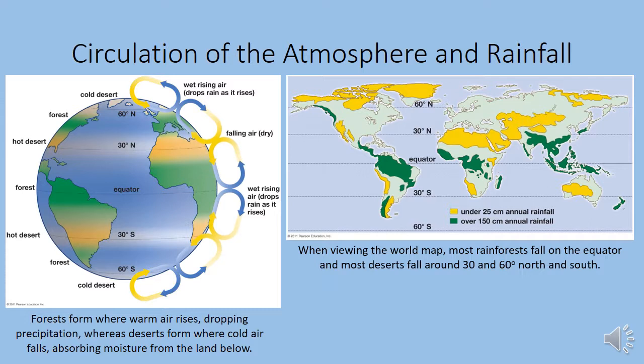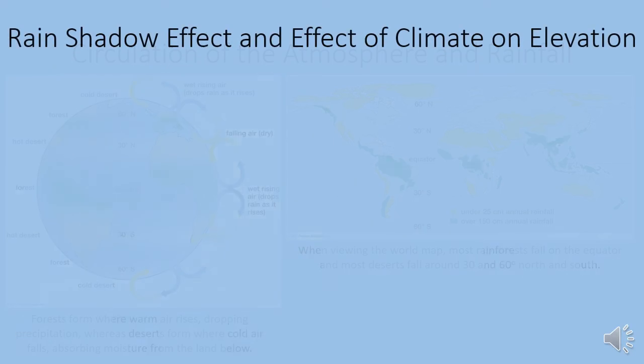We do have this temperate rainforest here in the Pacific Northwest, that's caused by some ocean currents up here. And there's Southeast Asia, but usually the equatorial regions are where the rainforests are. And you can see the deserts on here too. The deserts are in yellow.